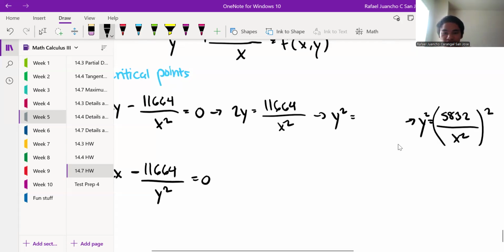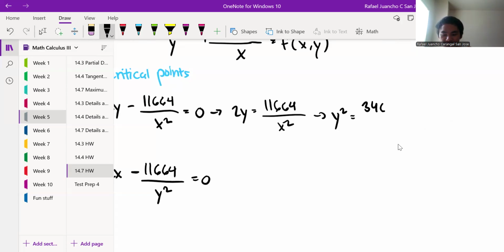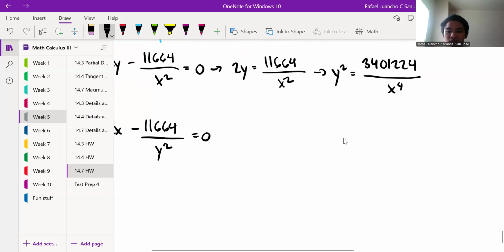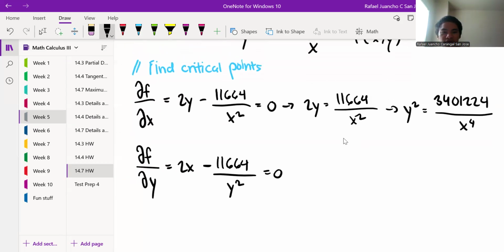Oh, that's a very, very big number. Okay, should I just let it be like that? Just to make it super simple? Nah, it's okay. And then this is x to the 4th, because I squared my x squared. And then from there, now I go here, and I do the same thing.